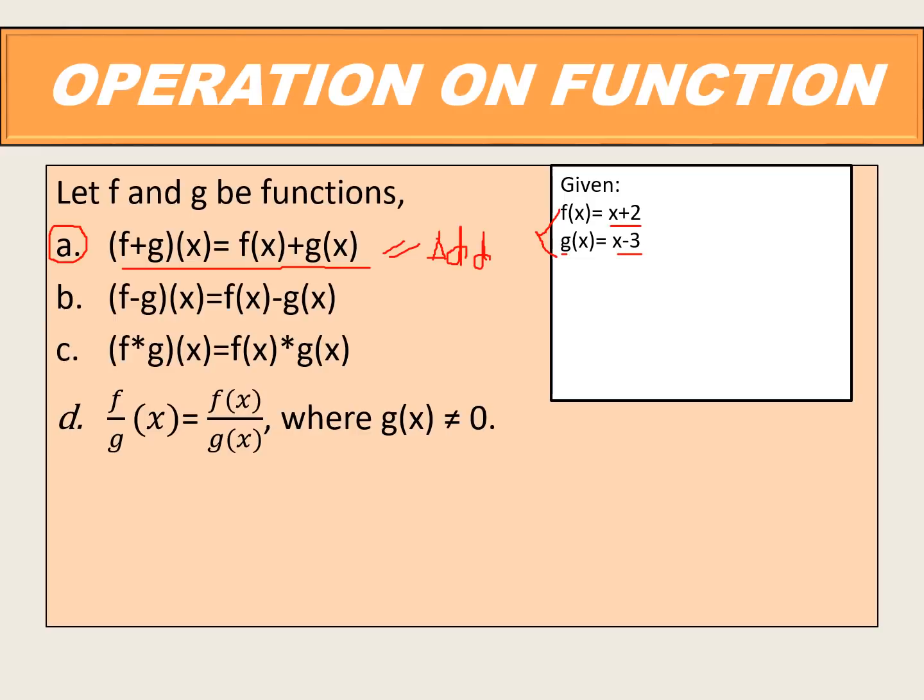So first, here we have the first step: we put the sum, the definition first. I'll write it so we won't get confused. This is the definition. So the sum of f and g of x is equal to f of x plus g of x.